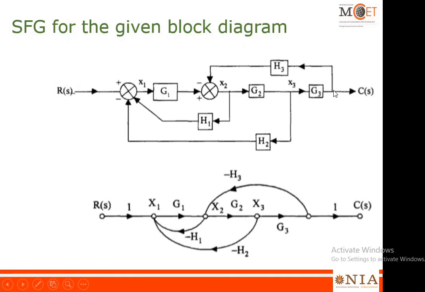And from here something is tapped, so I have made it as a node. Though this point itself is the output, because from this point we have taken it to C, I have connected one branch here with unity. Even if you don't have this branch, nothing happens. At this point itself you can name it as C of S. So that's how you convert a block diagram into a signal flow graph.